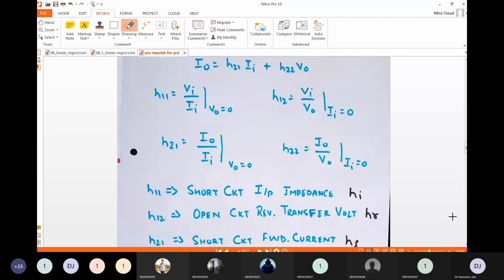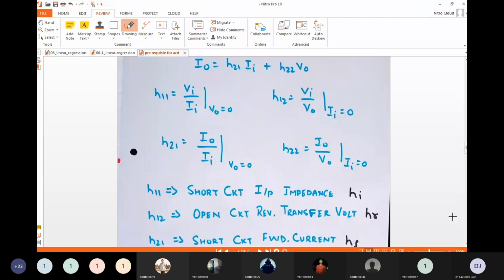If the input current is zero, that means there is no input, that means our input is open circuited. Hence, H12 is known as open circuit reverse transfer voltage ratio, and it is denoted by Hr.